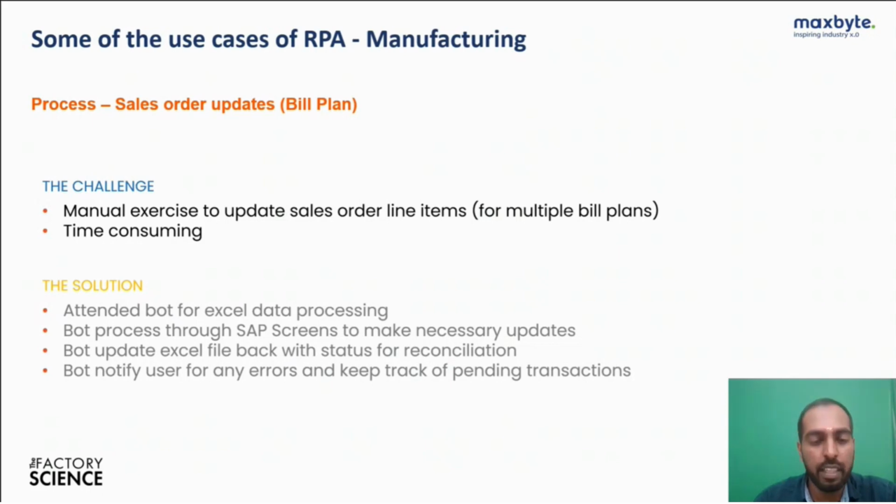If any errors happen, the bot will automatically notify so the error can be completed. For pending transactions, the user can set rules for when the number of pending transactions is exceeded, and that notification can also be enabled through RPA to keep the process timely and smooth.